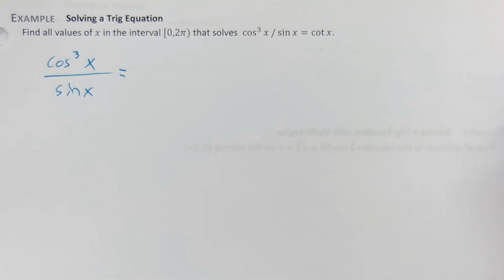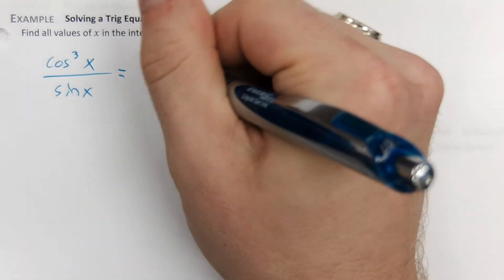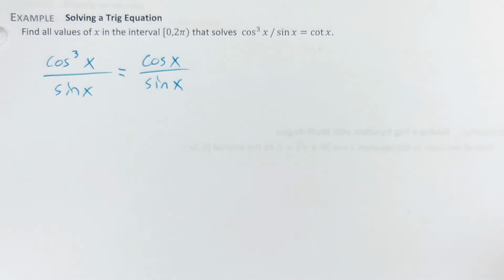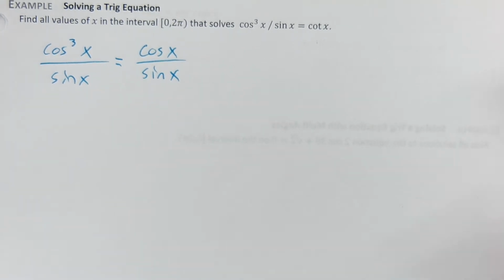Luckily, cotangent can be written as a fraction of two other trig functions. Cosine x over sine x. Look at that. You now have fraction equals fraction, and they have the same denominator.